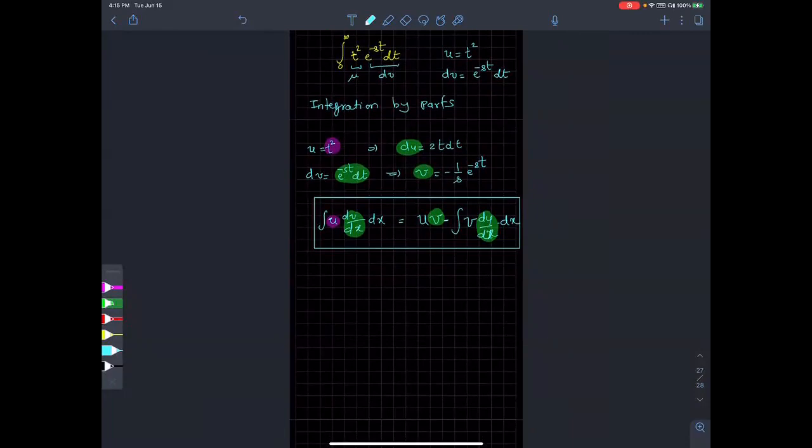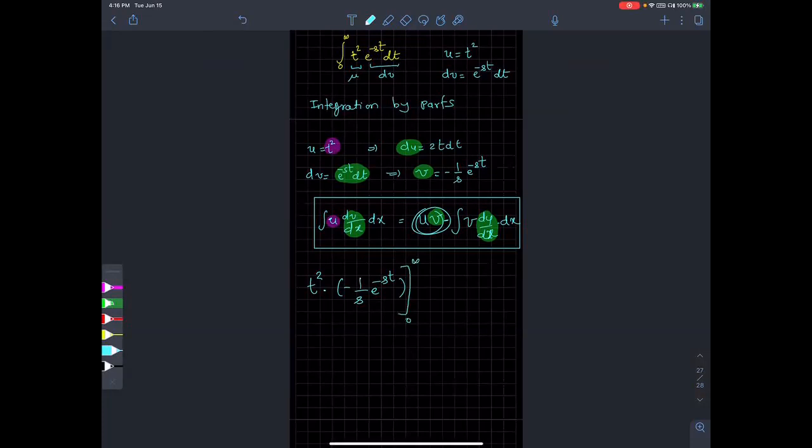in the interest of completeness, maybe I will do this, u times v. That's this guy. u times v is t squared times negative 1 over s e to the minus st. All of that is from 0 to infinity.